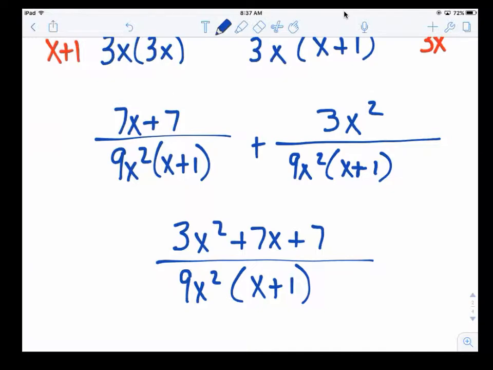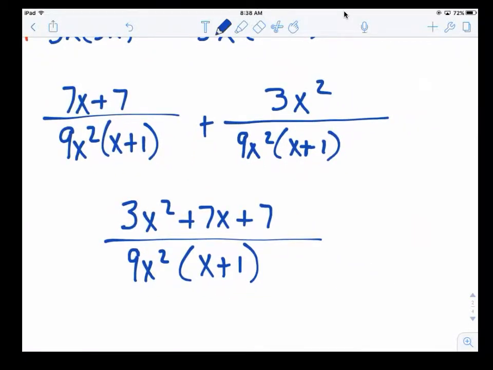Is there any way I can factor that top? Okay, so that would be your final answer. So what could x not equal? 0 and negative 1. Okay.